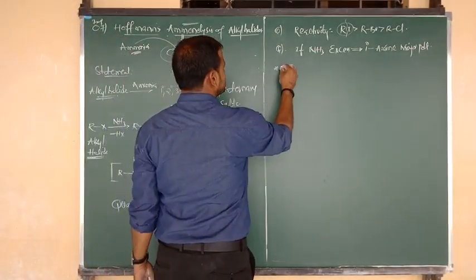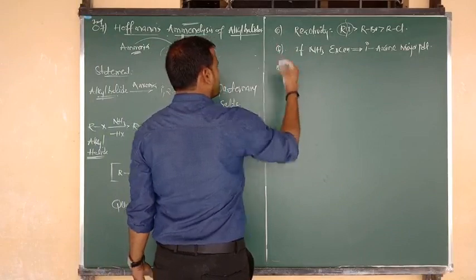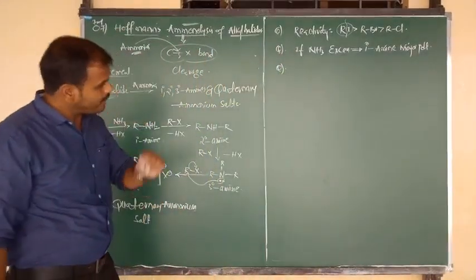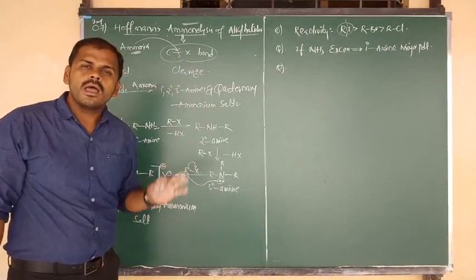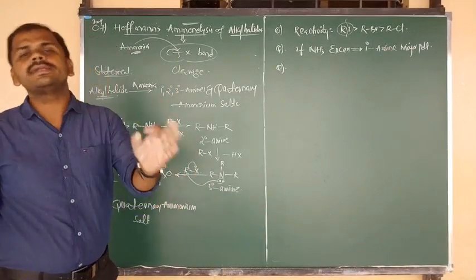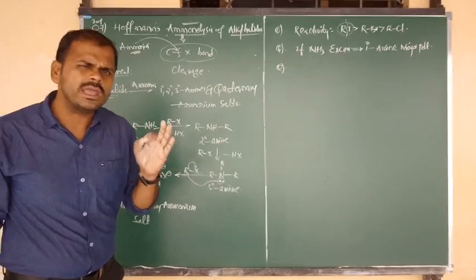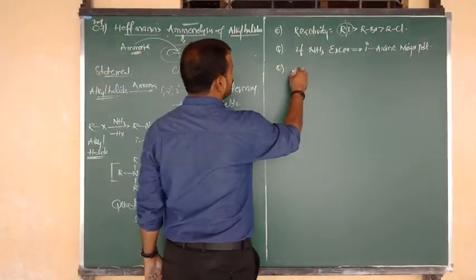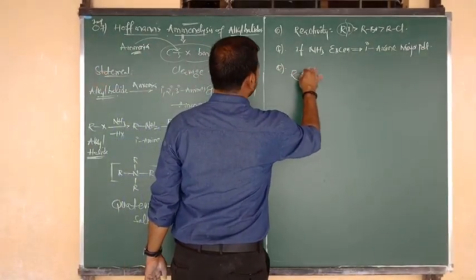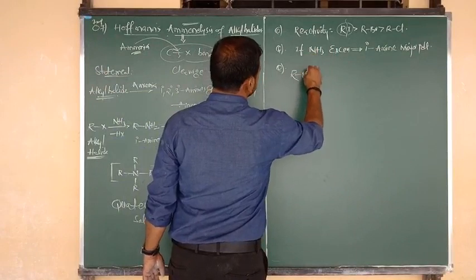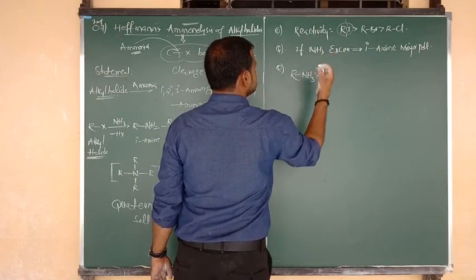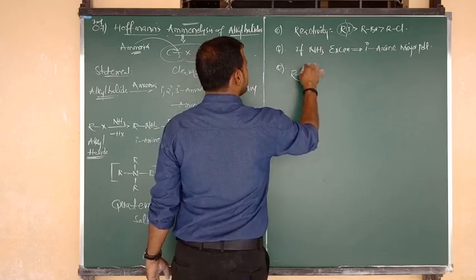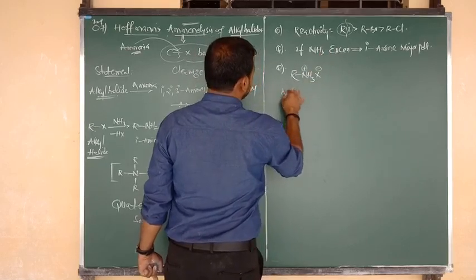I want to write a question. This question is already from the textbook. The question is: what happens when ammonium salts are heated with a strong base? Ammonium salts. The formula I am going to write is R bonded to NH3, NH3 bonded to X. NH3 carries a plus charge, X carries a minus charge.